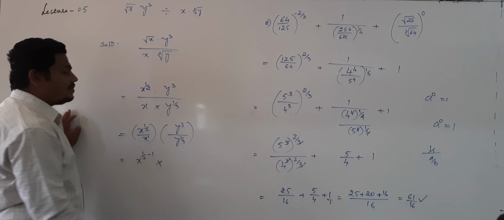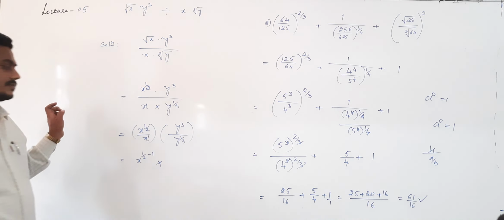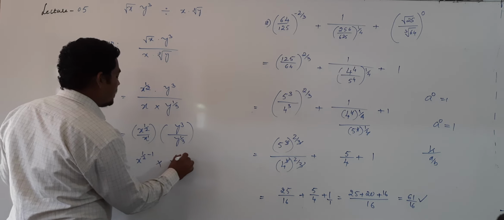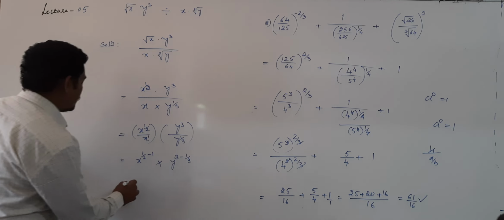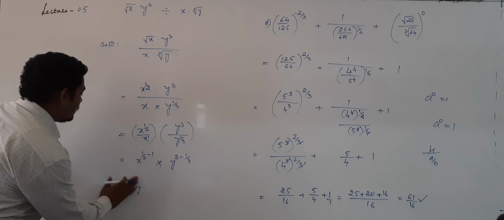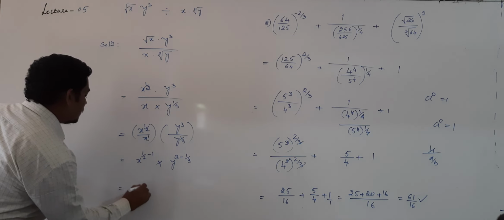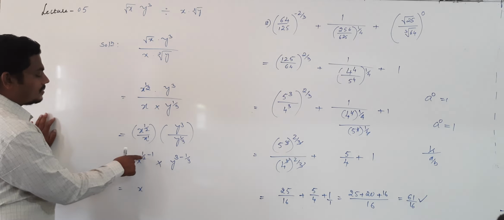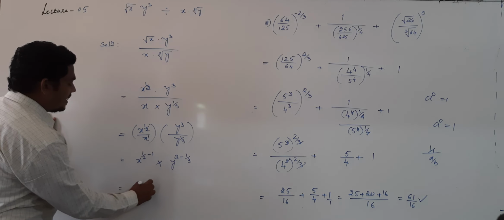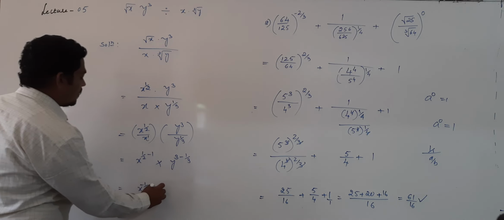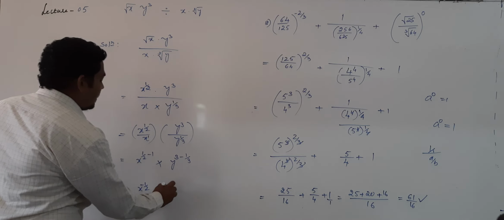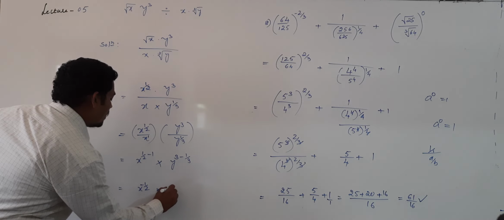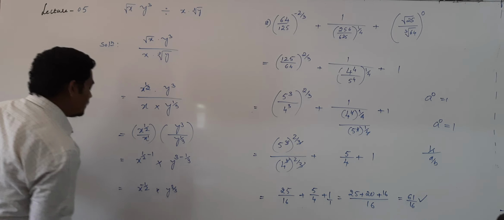Similarly, for the second term also use the same property: y power 3 minus 1 by 3. Simplification, it will be x power minus 1 by 2, and taking LCM, 9 minus 1 is 8, y power 8 by 3.